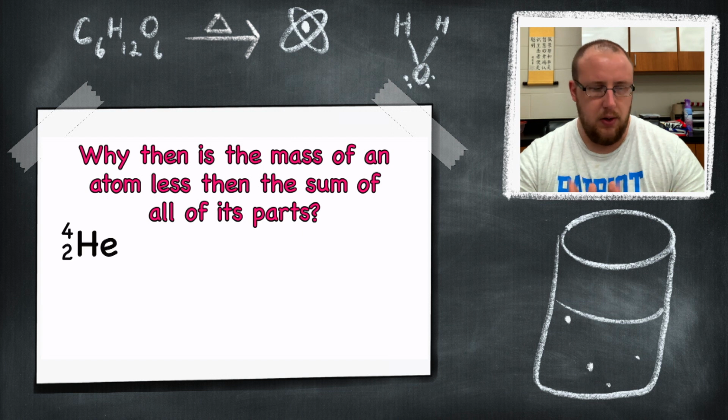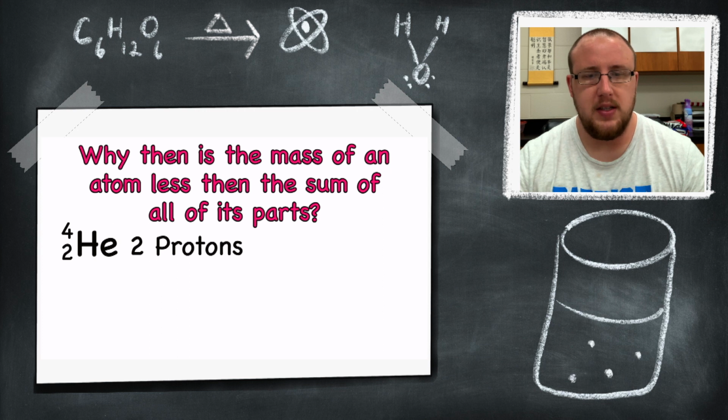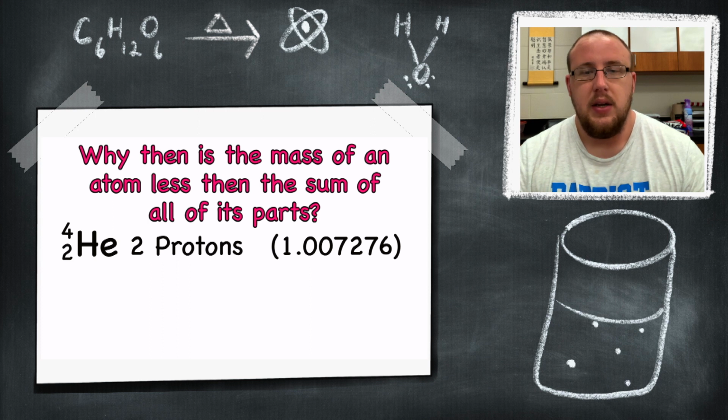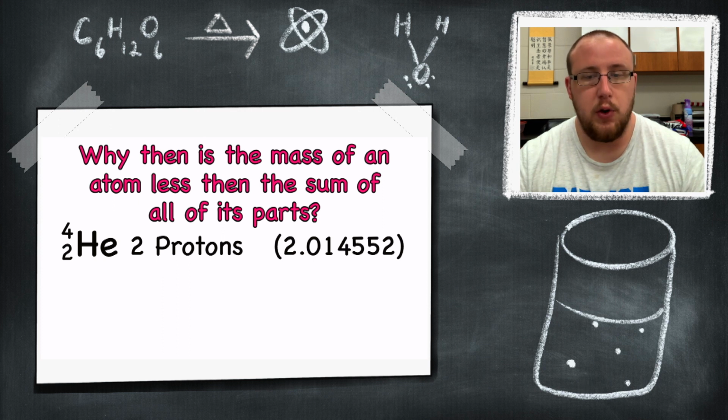Well, let's look at helium, for example. Helium has two protons. Those two protons each weigh 1.007276 atomic mass units, or AMUs. If we multiply that by 2, one for each proton, we get a total of 2.014552.